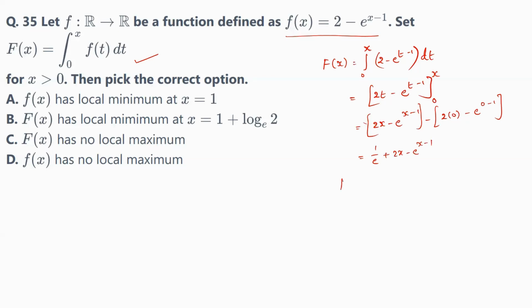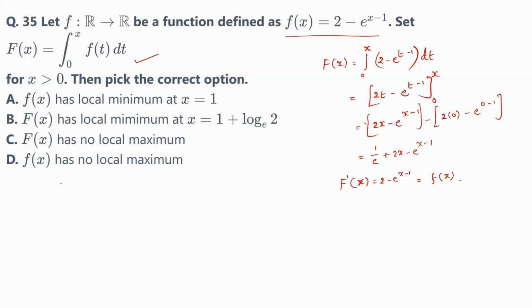Also F dash of x is 2 minus e power x minus 1, that is f of x. Now it is given that F of x is defined for x greater than 0. Then pick the correct option.